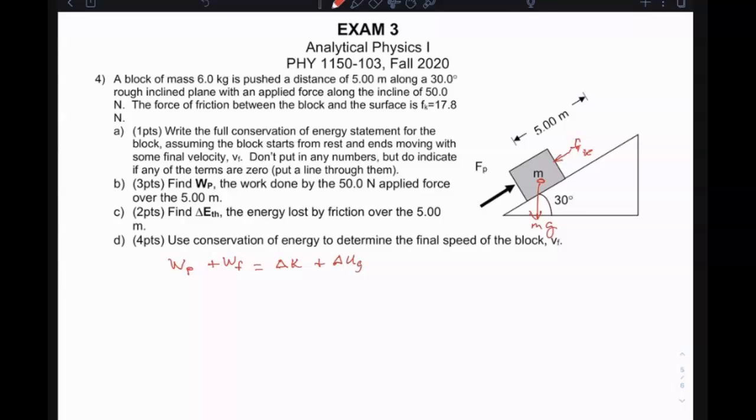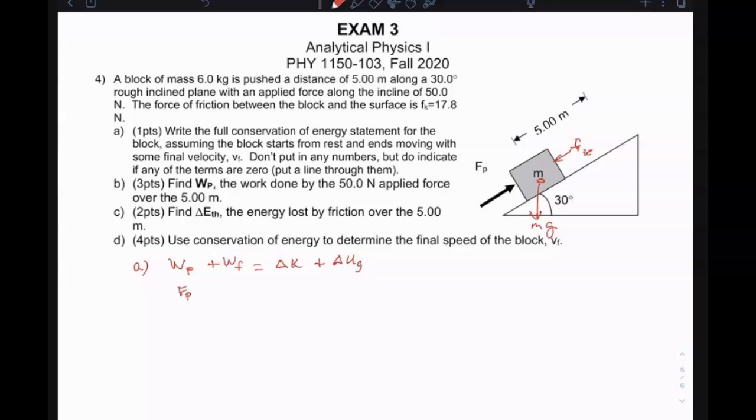We can write this explicitly this way. The work done by the pushing force is F sub p, the dot product of that force with the displacement 5 meters, which is in the same direction as the pushing force.